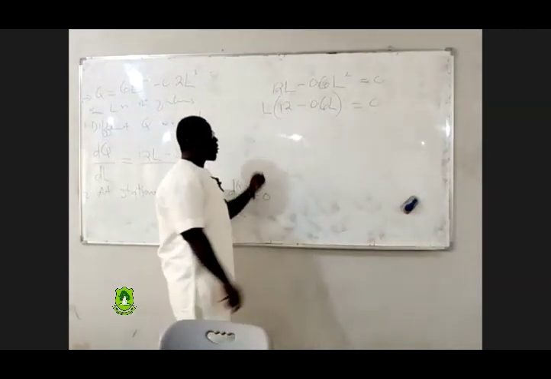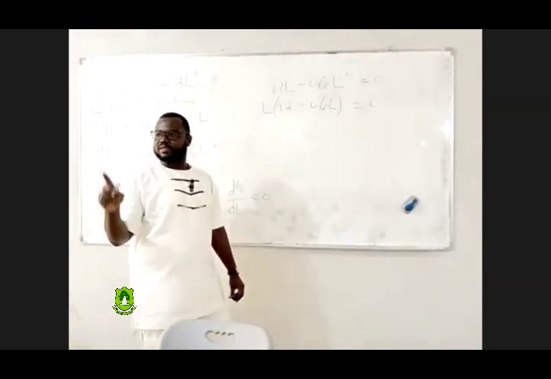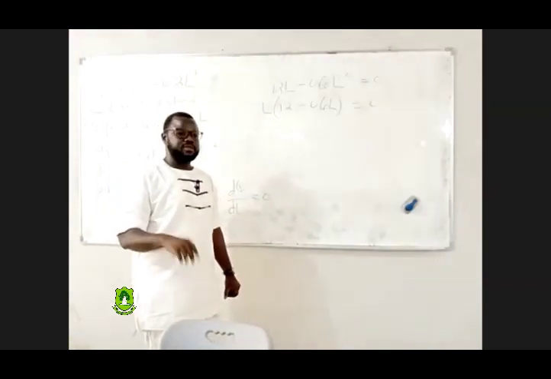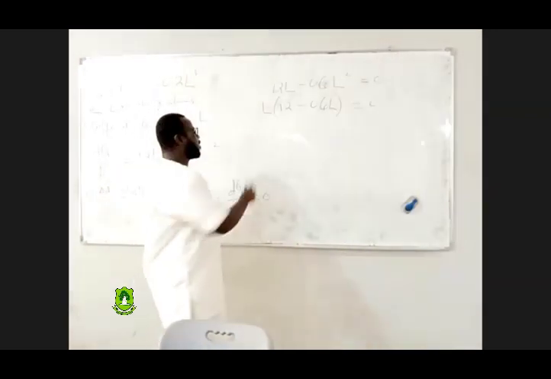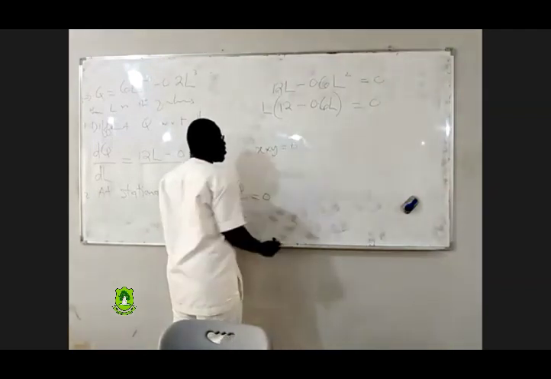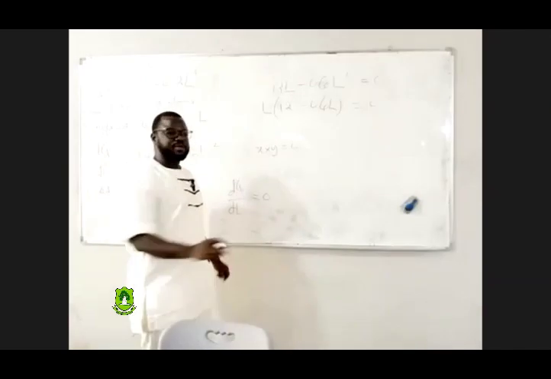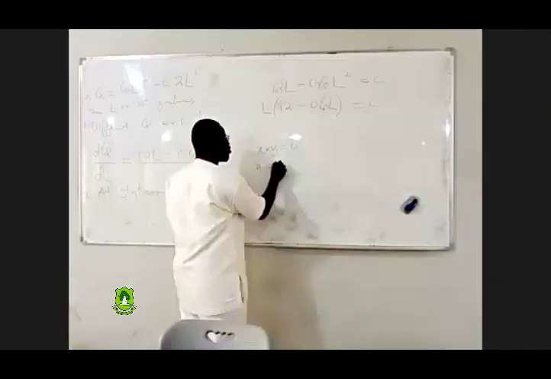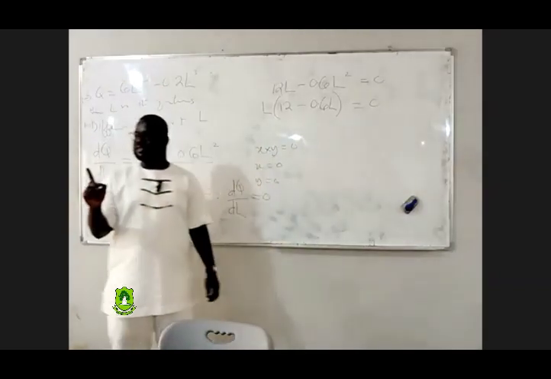Remember, it's like x times y is equal to 0. So what times this will give you 0? It means either x is equal to 0 or y equal to 0. Are you getting it?